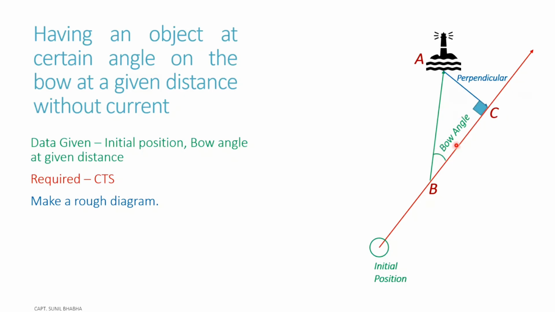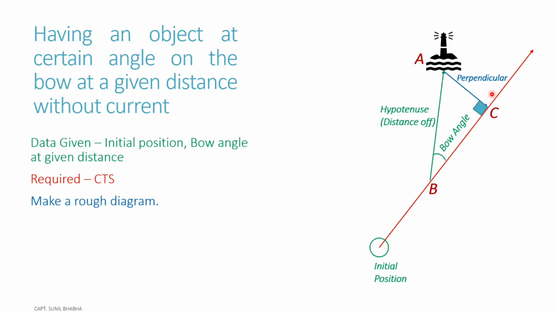If I consider the bow angle, then side AC is my perpendicular, and side AB, Alpha Bravo, which is basically the distance from the lighthouse when it is at a certain bow angle, is the hypotenuse. So opposite to the right angle, side AB is the hypotenuse and side AC, Alpha Charlie, is the perpendicular.